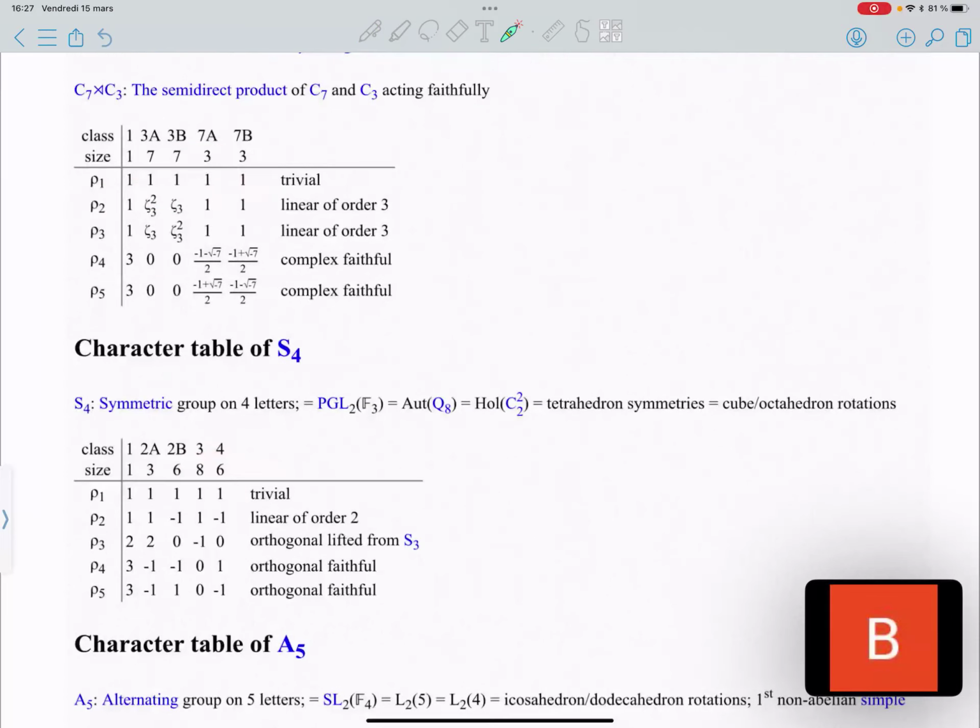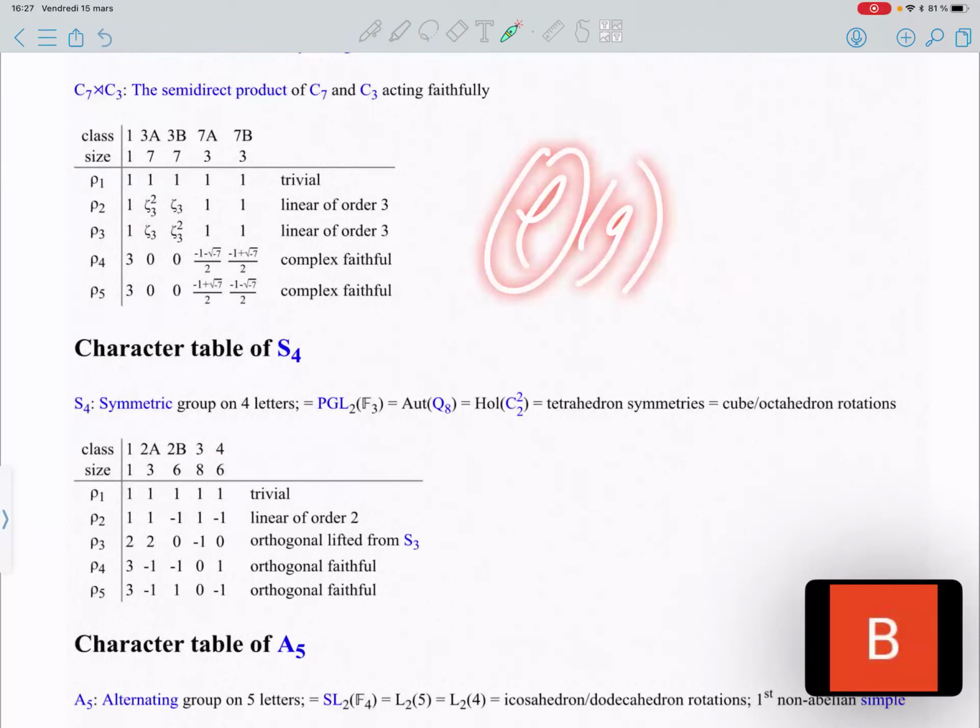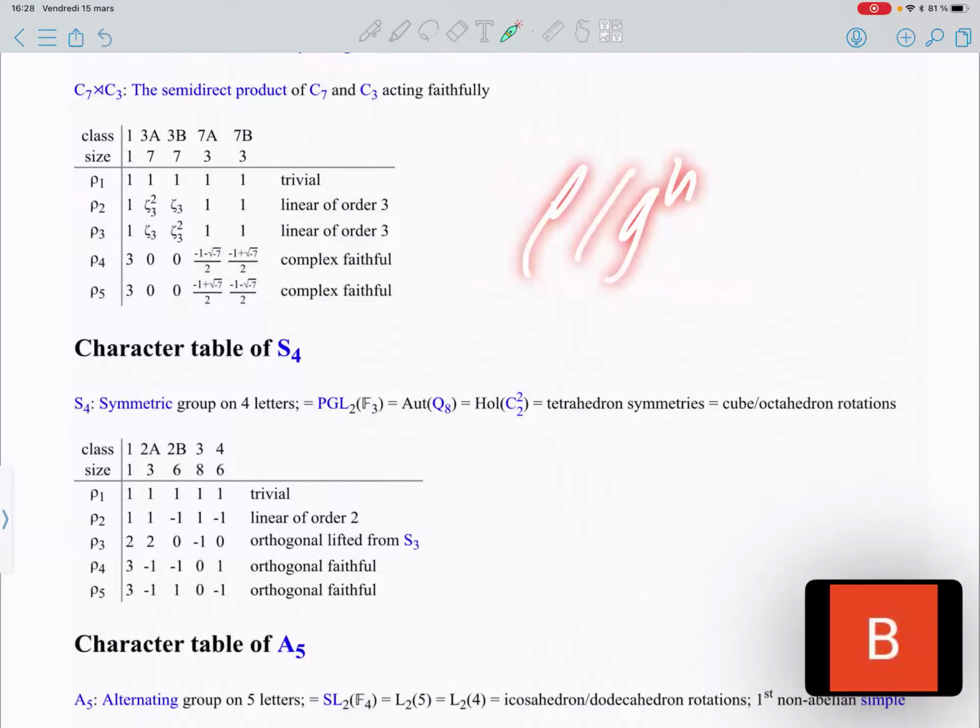In general, it looks like it's always a root of unity, because mu is a representation rho.